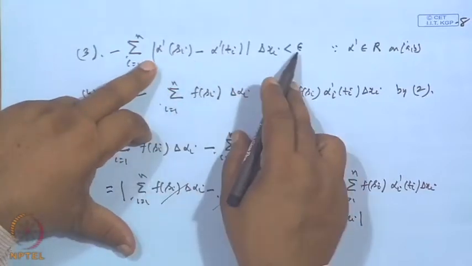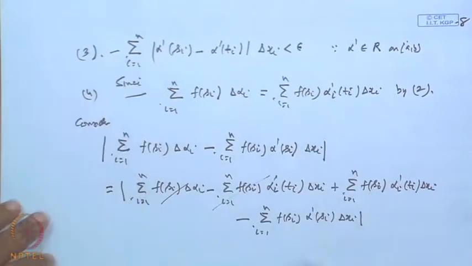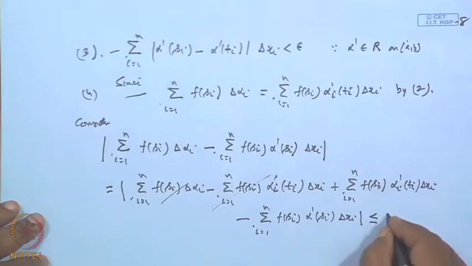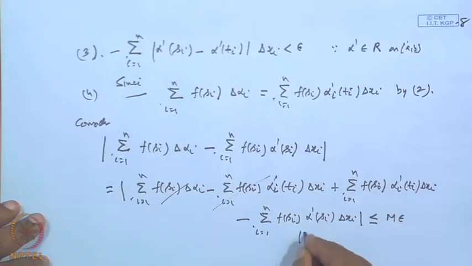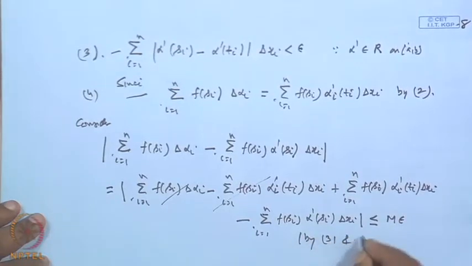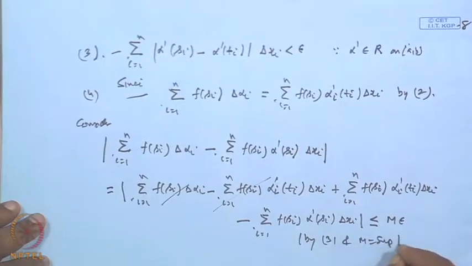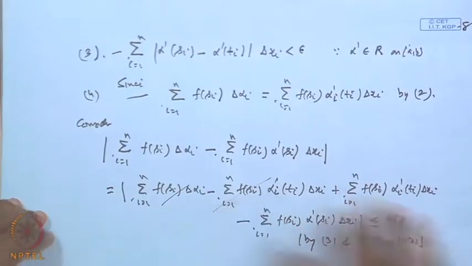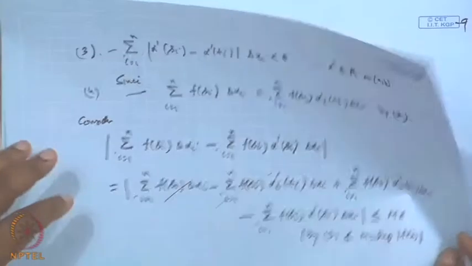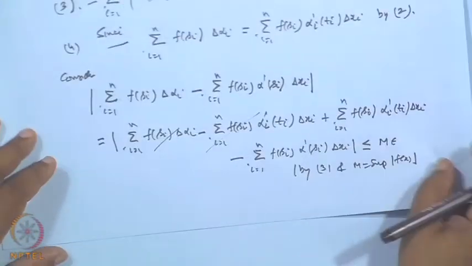So, this is less than epsilon, and f is bounded. So, can you not say this is less than or equal to M epsilon, where M is the supremum value of |f(x)|? In particular we can say this.